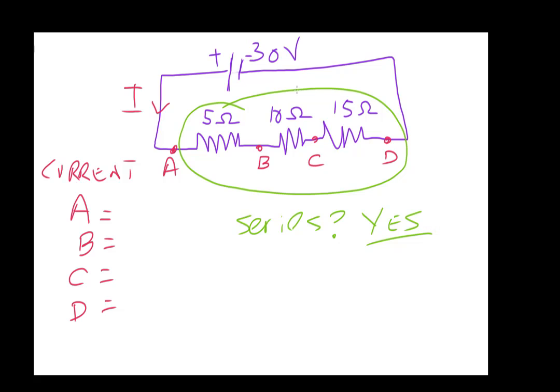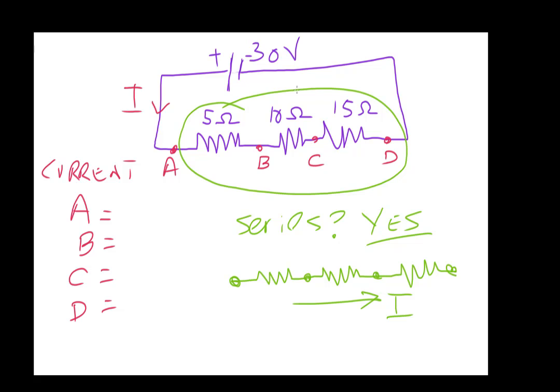Now what do we know about current in series? When you have three series resistors, the current that goes across them is the same. The same current that's here is the same current that's here, and here, and over here. So the current is not different.